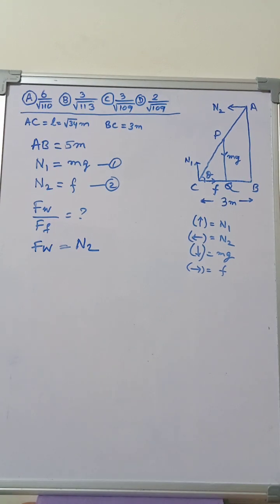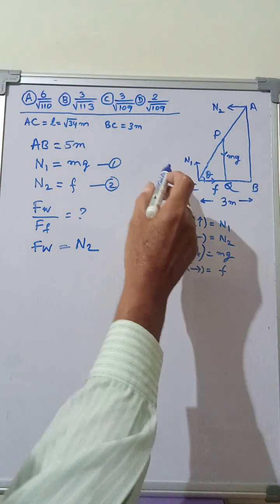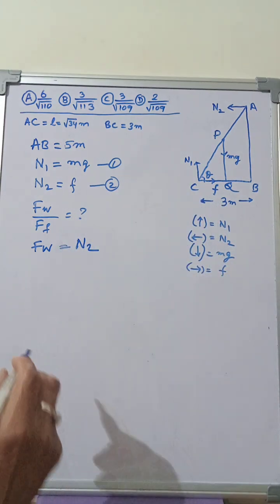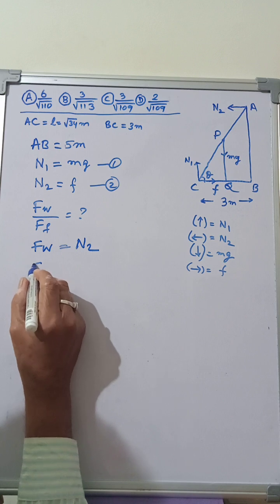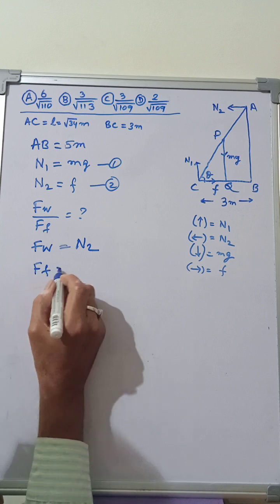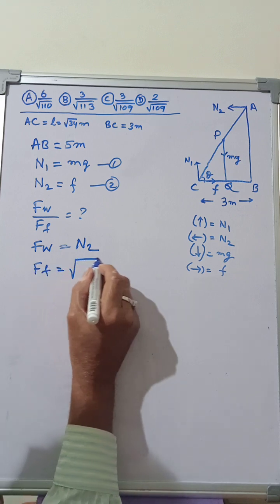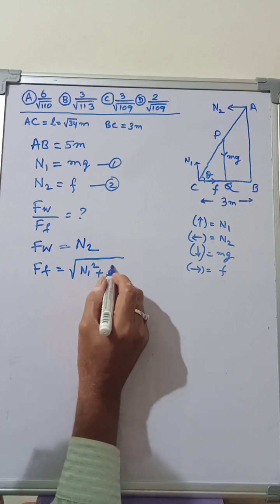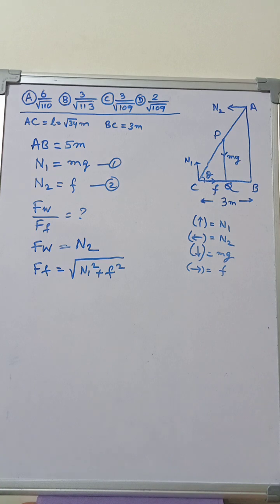And due to the floor, there are two forces acting on the ladder, that is N1 and F, which act in mutually perpendicular directions. Therefore, FF should be equal to root over N1 square plus F square.